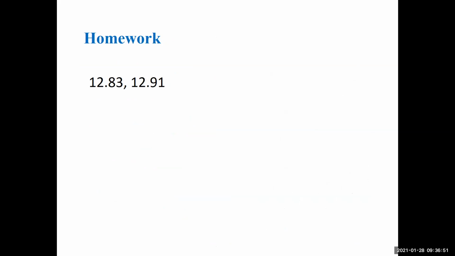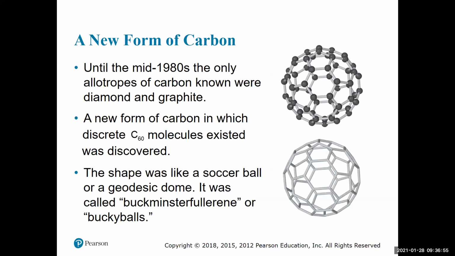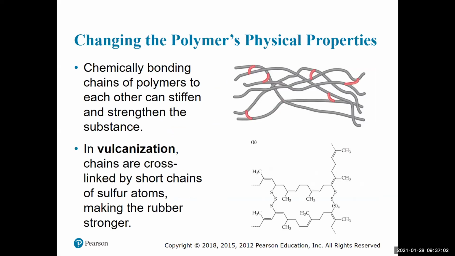So there's a few questions about this stuff. When we talk about, to be honest, the carbon with the buckyballs and nanotubes and stuff, we talk about the nanomaterials. Those are there just so that you're kind of aware of them and kind of see some of the uses of this kind of stuff. Polymer stuff is just showing you once again another type of material that you encounter every day in life.